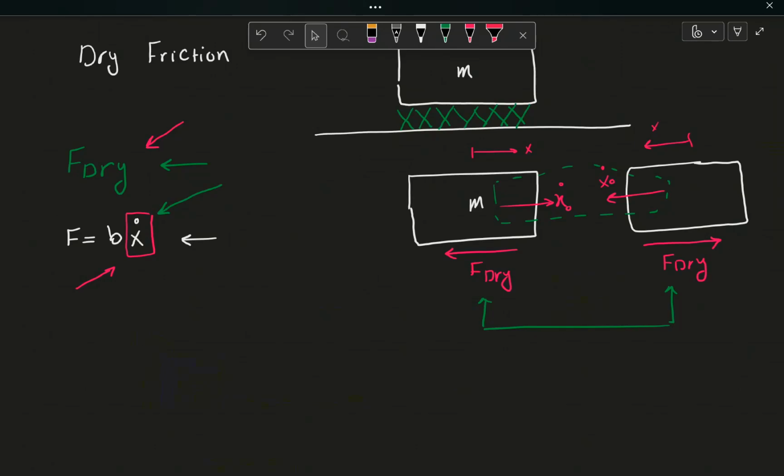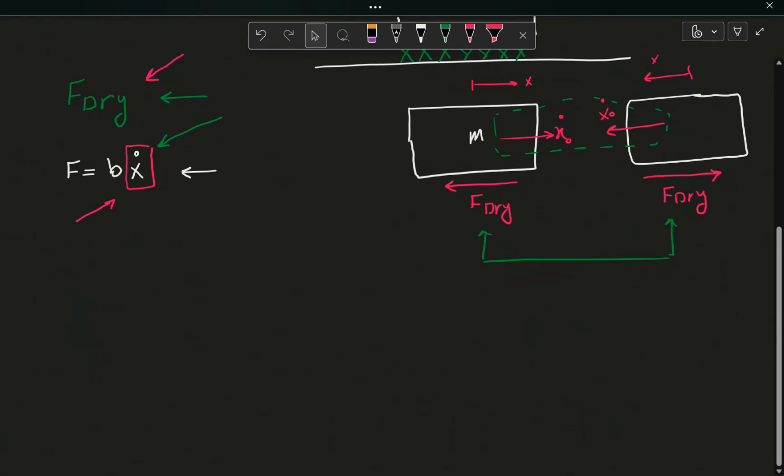This is one thing. The other thing is, look at the equation for a viscous damper. Since the velocity is directly incorporated in this equation, whenever your velocity is zero, the friction force would automatically be zero, since you just substitute velocity in this equation. Whereas F dry does not show me zero friction whenever the velocity is zero.